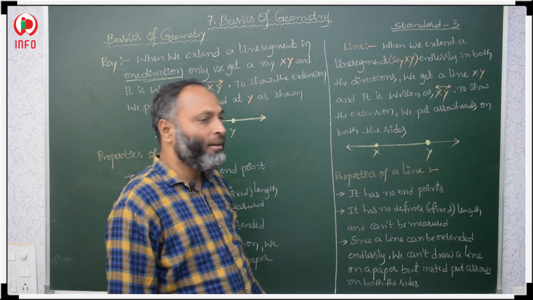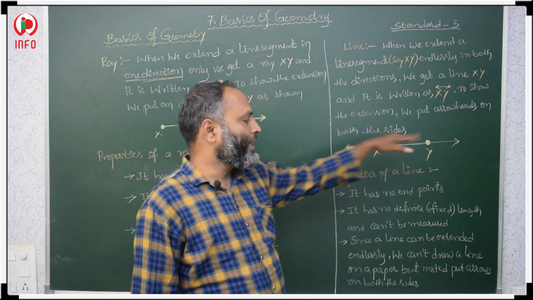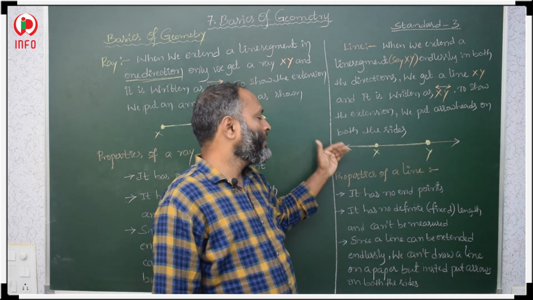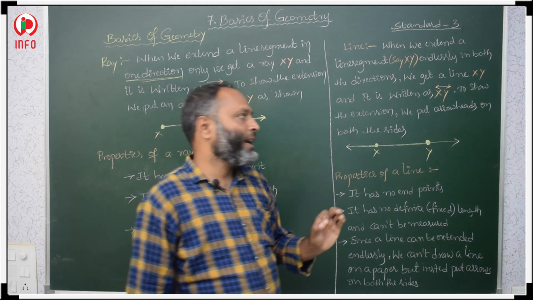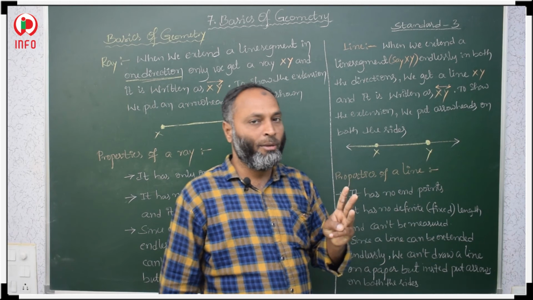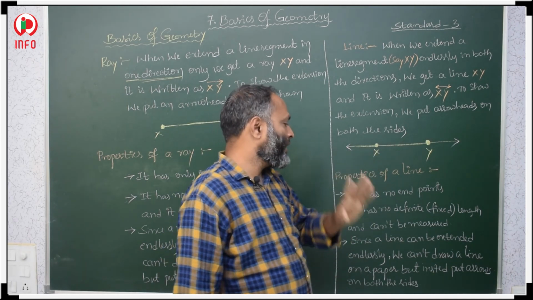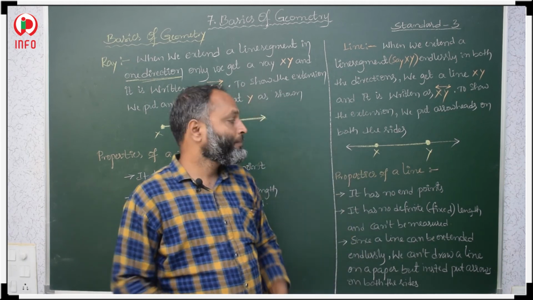How do we form a line? If we extend a line segment in both directions, then we form a line. It means in a line there is no endpoint. In a ray we have one endpoint, in a line segment we have two endpoints, in a line there is no endpoint. Why?